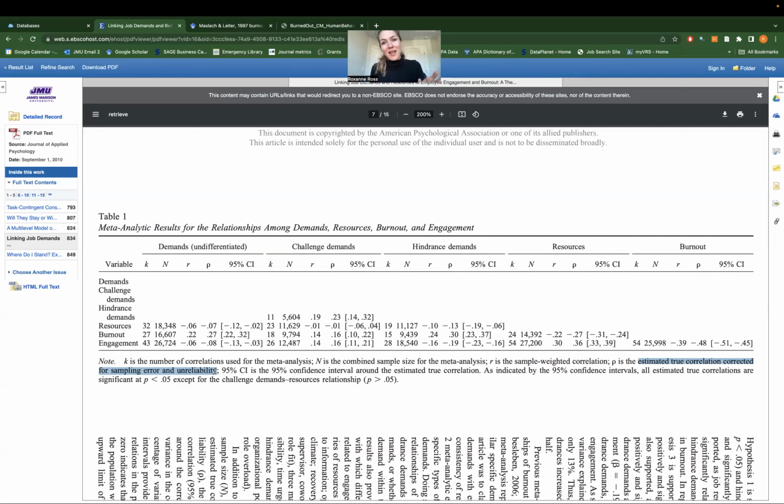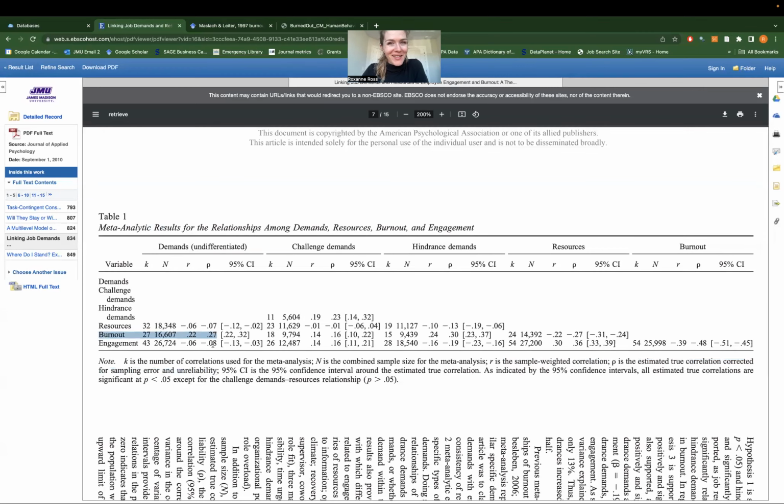So it gives you a more precise indication of the relationship than just a regular correlation. They're both correlations. They both can be interpreted in the same way. If you see r or rho, you can use either, but I would encourage you to try to use rho instead.